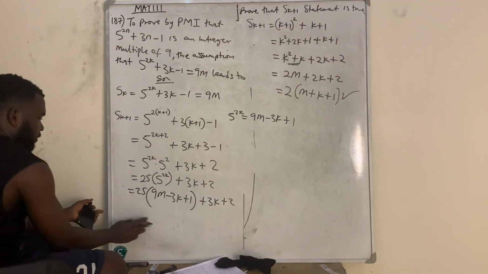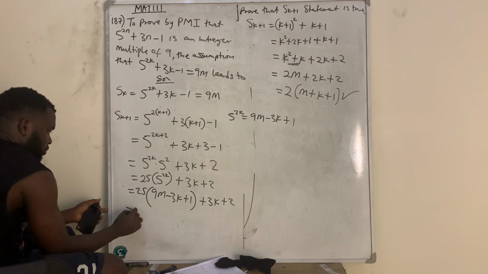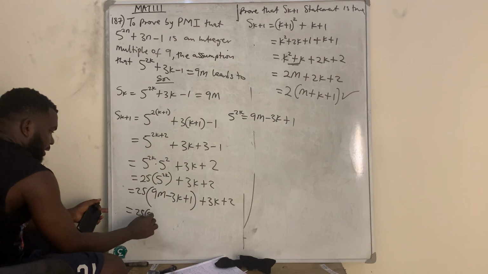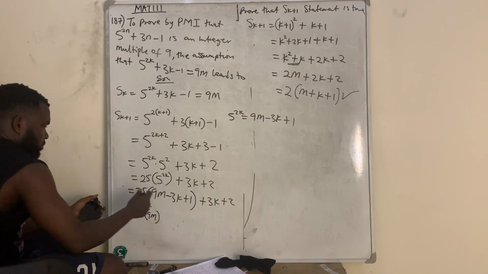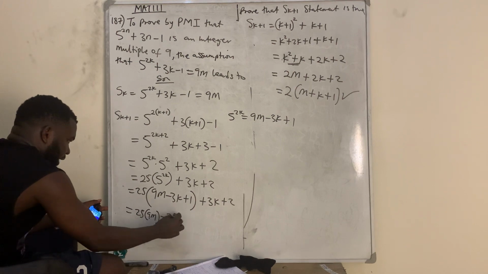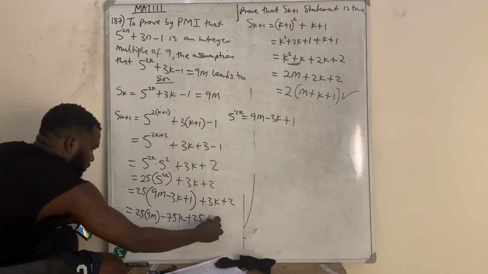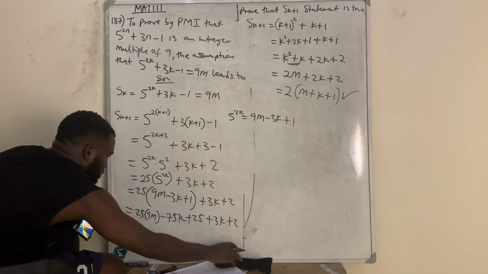So what do you have now? If you open the bracket, you are going to have 25 into 9m. This time, this will give you 75 minus 75k. This time, this will give you plus 25, then plus 3k plus 2.